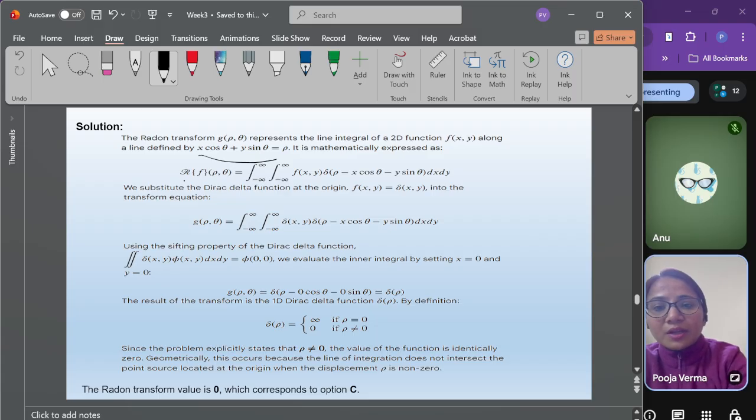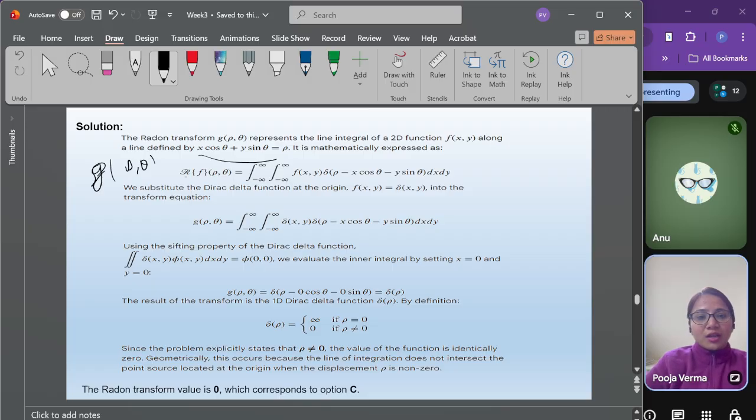Mathematically it is expressed as the double integral from minus infinity to infinity of f(x,y) delta of rho minus x cos theta minus y sin theta dx dy.